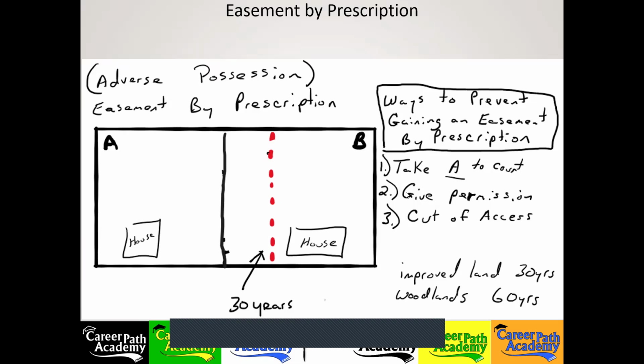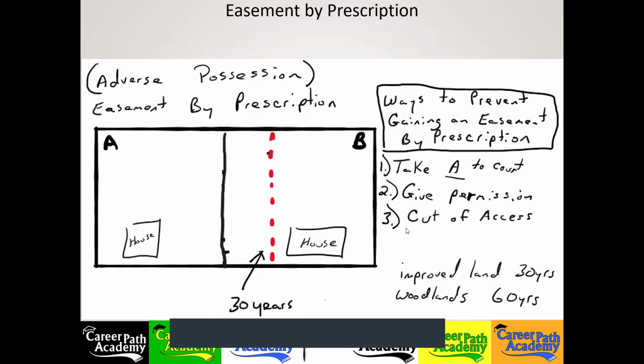They could give them permission to use the land, and then send them a certified letter that lets them know the fence is on their property, and they could keep it there till the end of the month, but they need to get it removed by then and put it where it belongs. By doing this, you reset the time clock. So they can't claim that easement by prescription unless they keep it there for another 30 years, which is plenty of time to give lot owner B to get it removed.